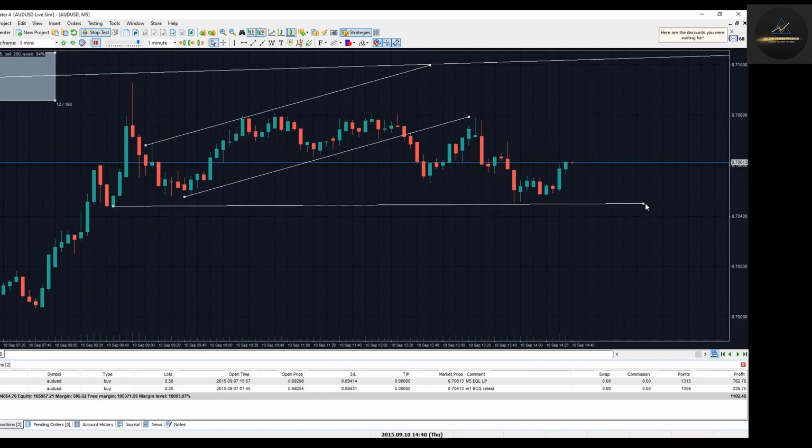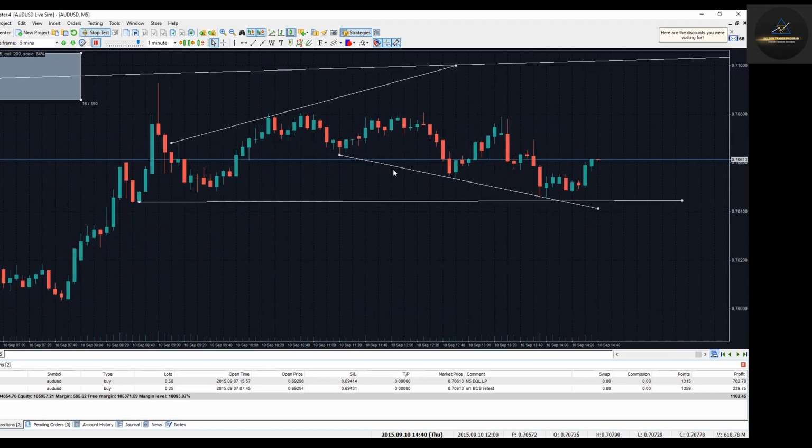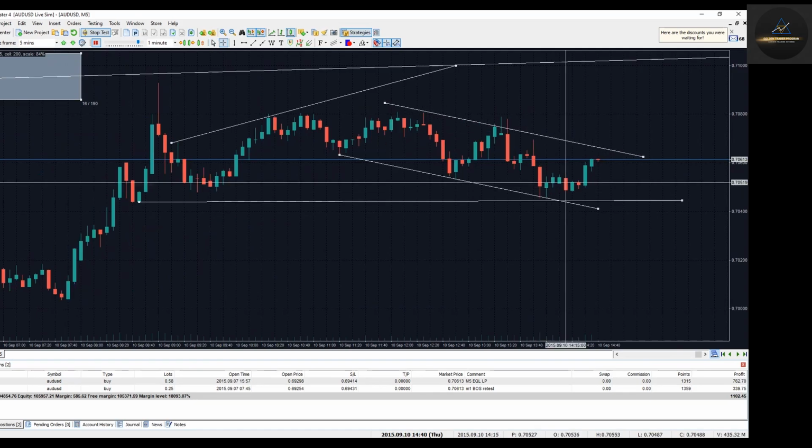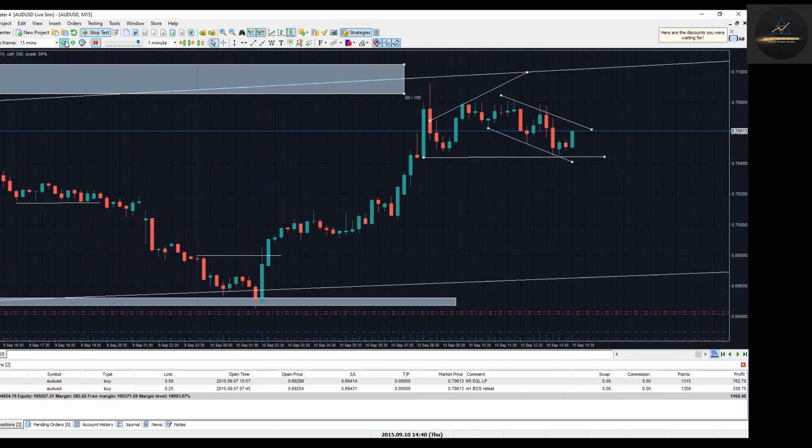So remember, we're looking for either a break of structure here for a short, or even a continuation higher, because now obviously the trend has shifted higher. So let's go over to the 15-minute.